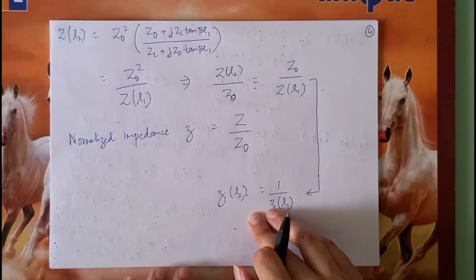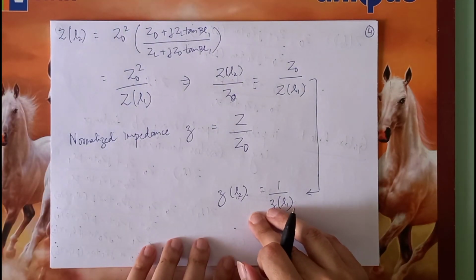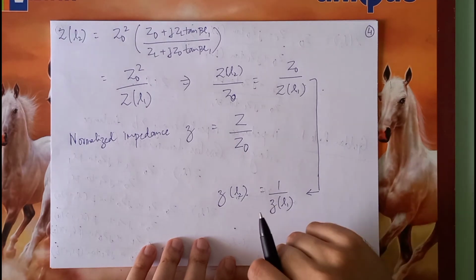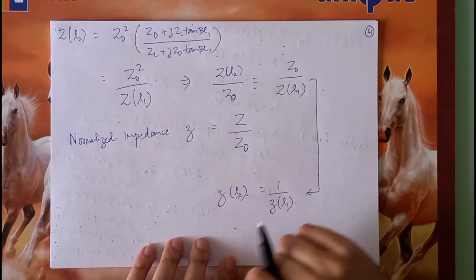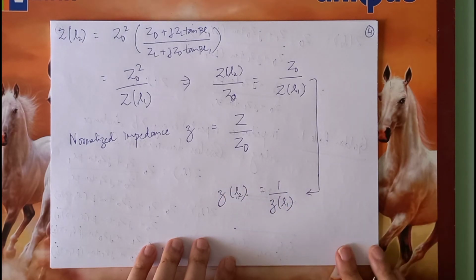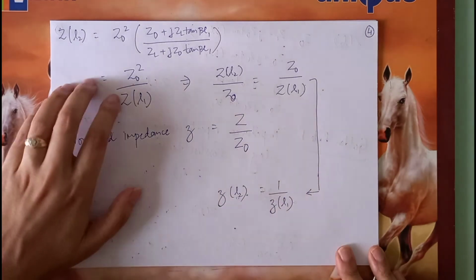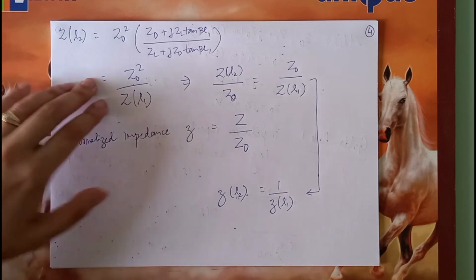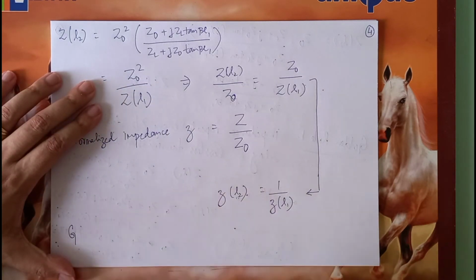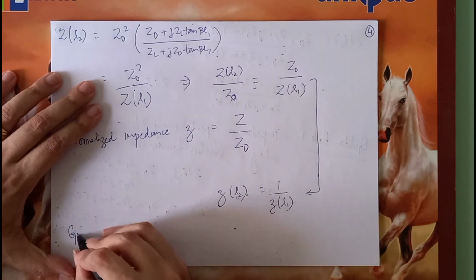The actual impedance has units of ohms, so inverting the impedance would not remain an impedance quantity anymore. But normalized impedance, since it is a dimensionless quantity, will be inverted. There is no problem if a dimensionless quantity is inverted, because there is no change of units. So with this we propose golden rule number 2.